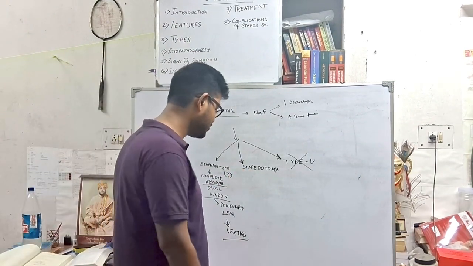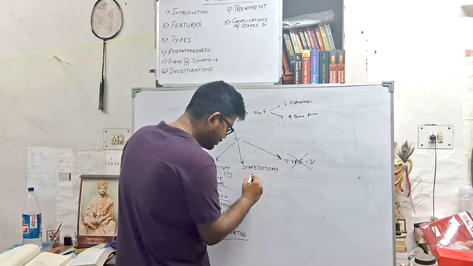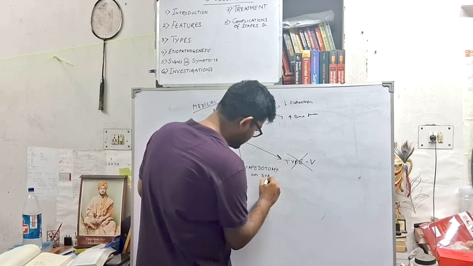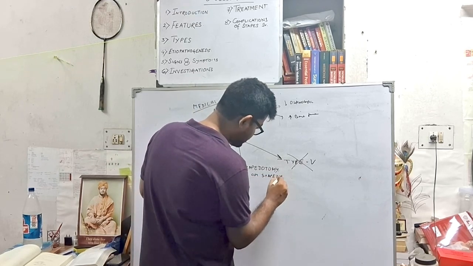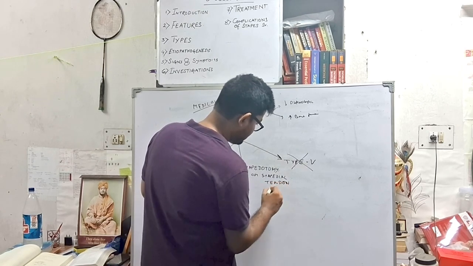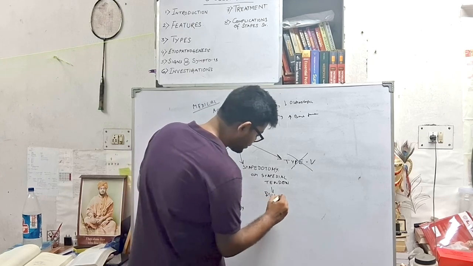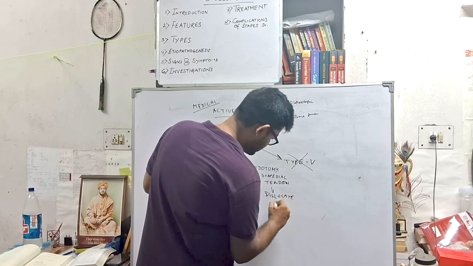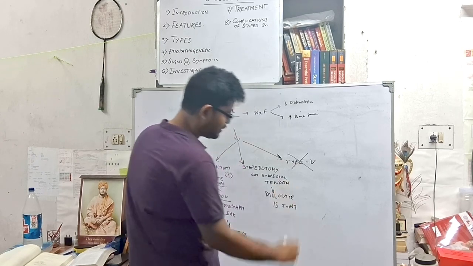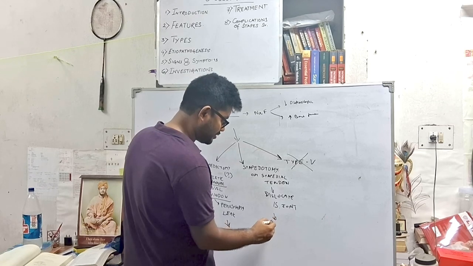What do we do in stapedotomy? So we cut the stapedial tendon. Then we dislocate the incudostapedial joint. Then we only remove the suprastructure.